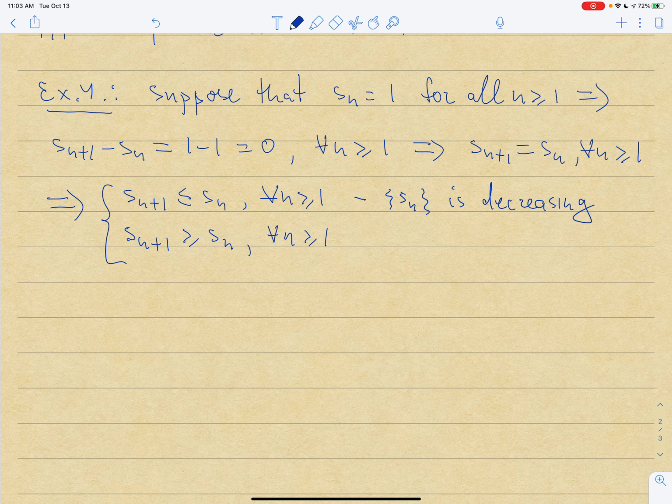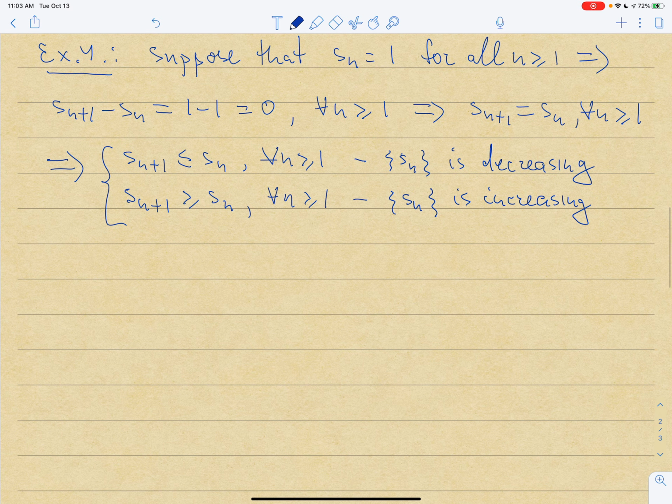And from the second inequality, Sn is also increasing. So that means that the constant sequence can be thought of as being increasing and decreasing at the same time. And vice versa.